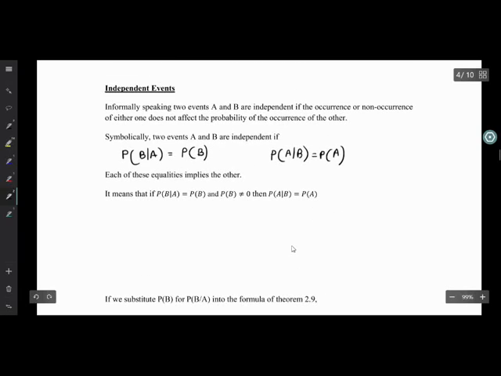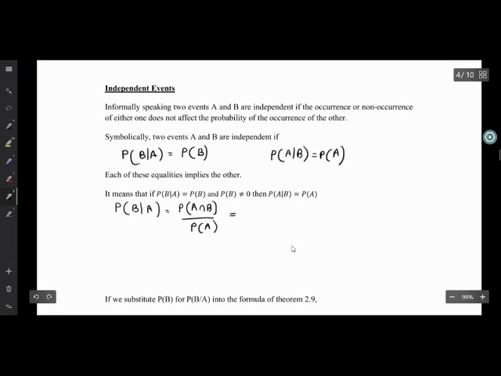We can show that. If we start with the probability of B given A, according to the definition, this is P(A intersection B) divided by P(A).